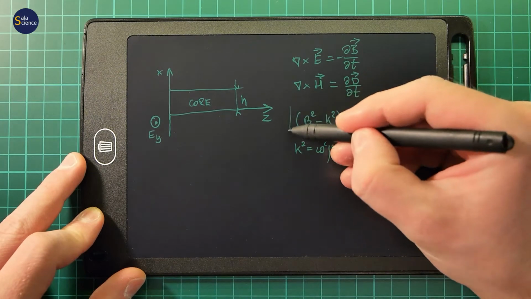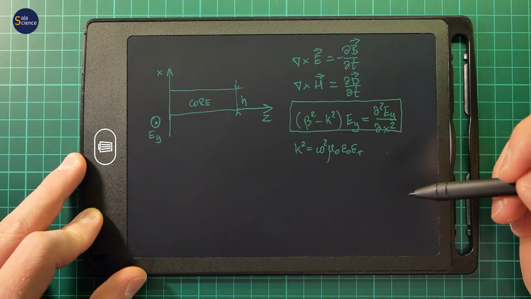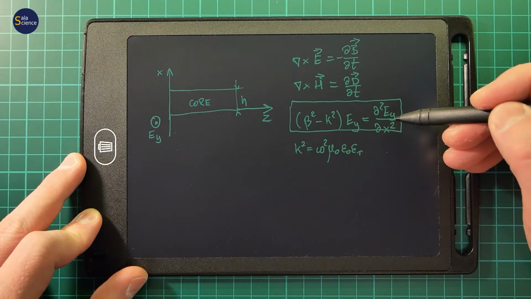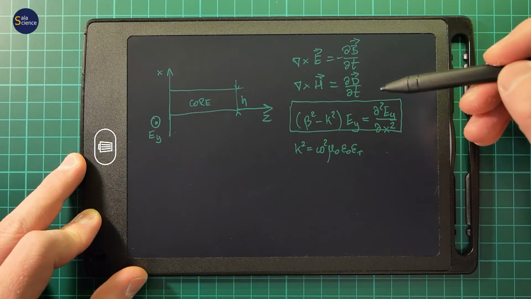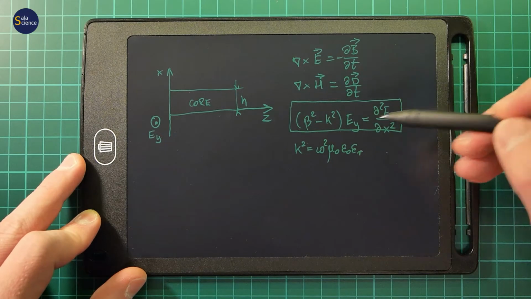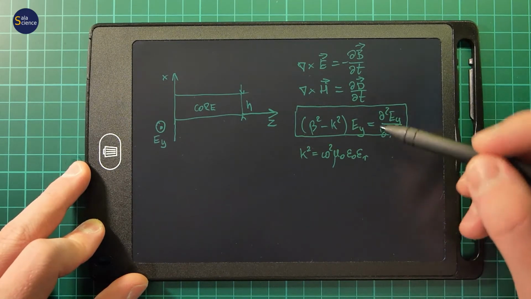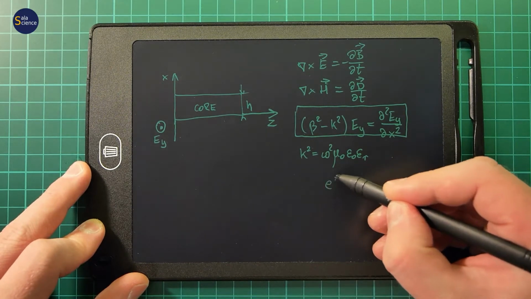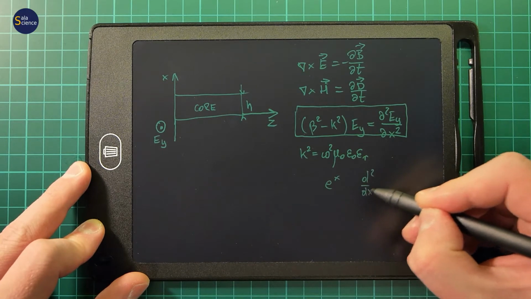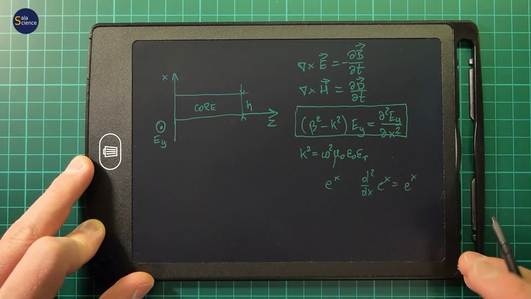Now let's take a look at this equation. We have a function u_y on the left hand side and a second derivative of this function on the right hand side. So which functions fulfill this condition? First of all, the exponent function, because e to the power of x and a second derivative of e to the power of x also equals e to the power of x.